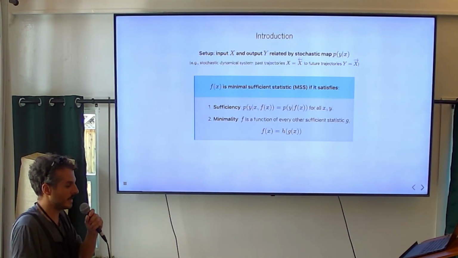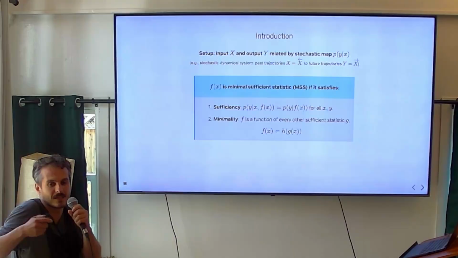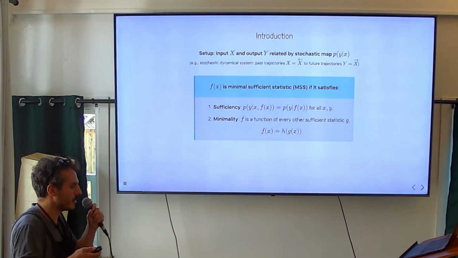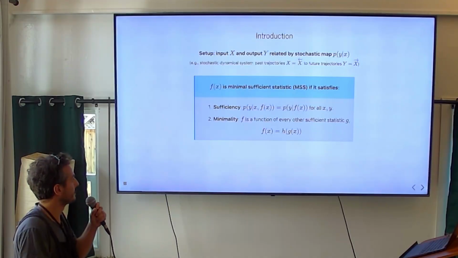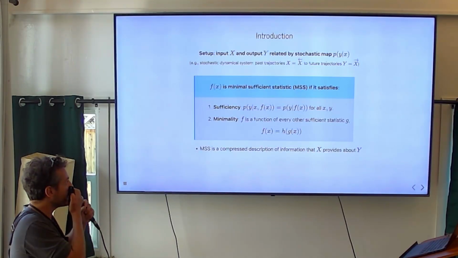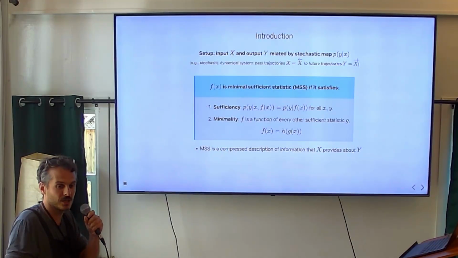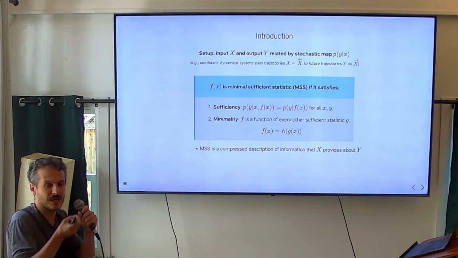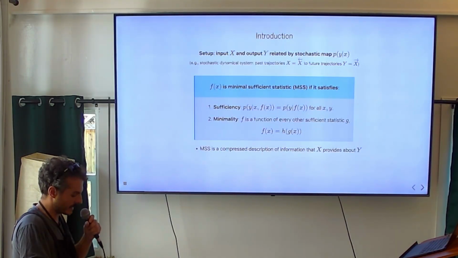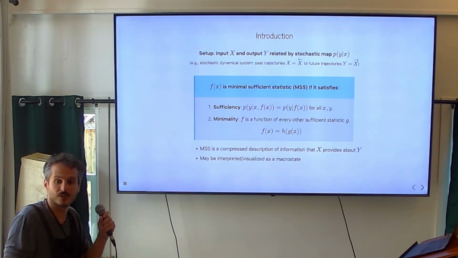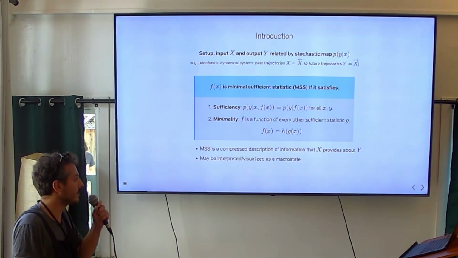For example, X is a sufficient statistic for itself, of course, but it's not the minimal one. We can think of the minimal sufficient statistic as a kind of compressed description or representation of the distinctions that X makes about Y, the information that X carries about Y. We can also think of it as a kind of macro state. And we can also visualize it.